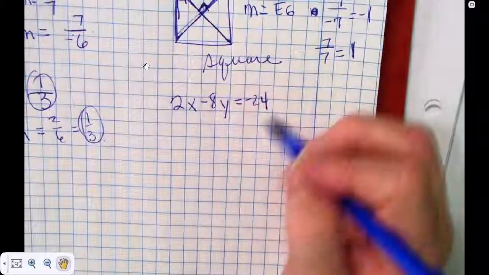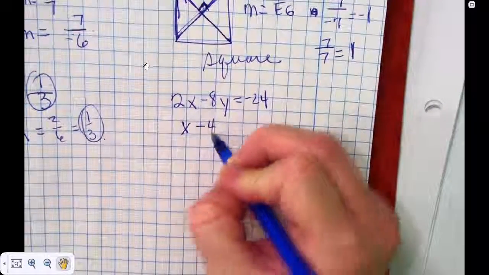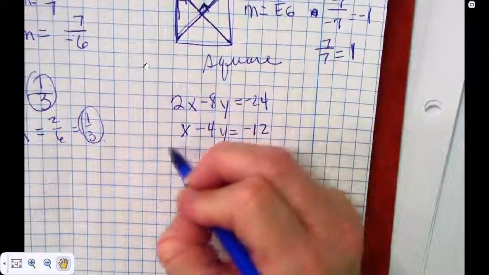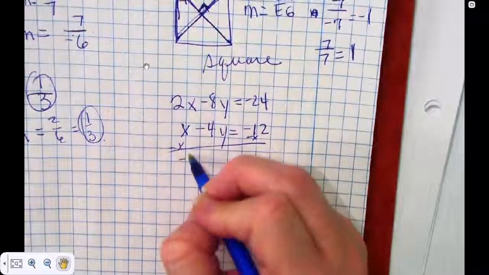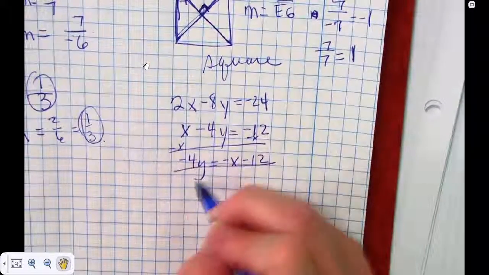So, let's divide by 2 first. What am I going to get? x minus 4y equals negative 12. Subtract x. Divide by negative 4.